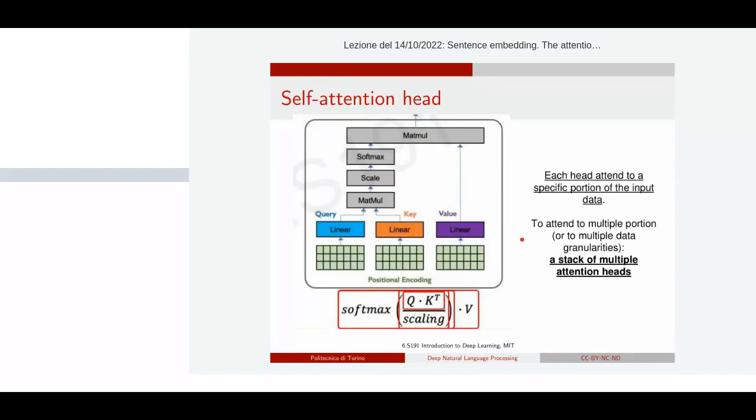But of course, depending on the complexity of the problem you're going to address, the number of relevant regions can be just one, or even none, or even more than one. So if you would like to attend multiple relevant regions using the neural network approach, you should combine multiple self-attention heads.